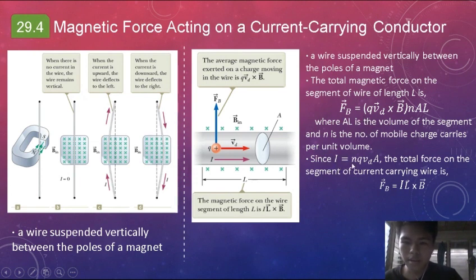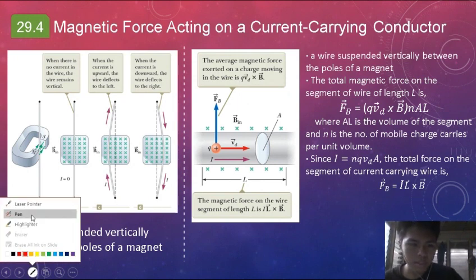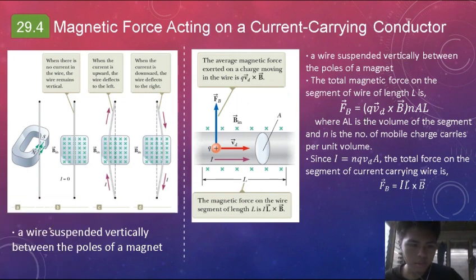And since I is equal to nqvA, the total force on a segment of current carrying wire is the magnetic force equals I times length times the magnetic field.